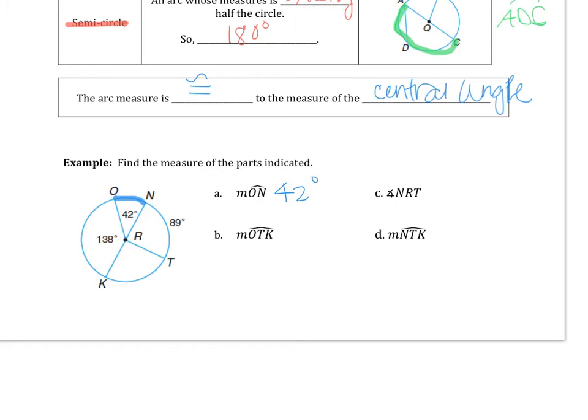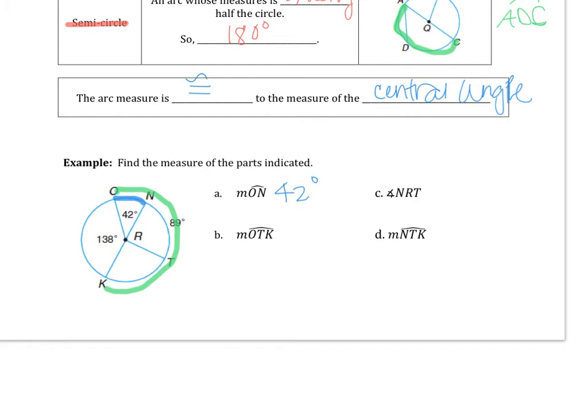Letter B, and again that's a minor arc. I'm looking now at arc OTK. That is a major arc, so it looks like I've got some parts that I have to look up first. I'm going to come back to that one.